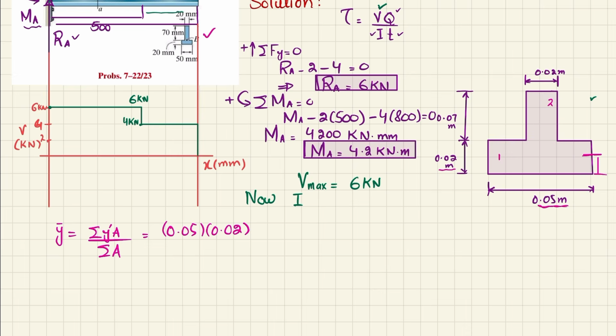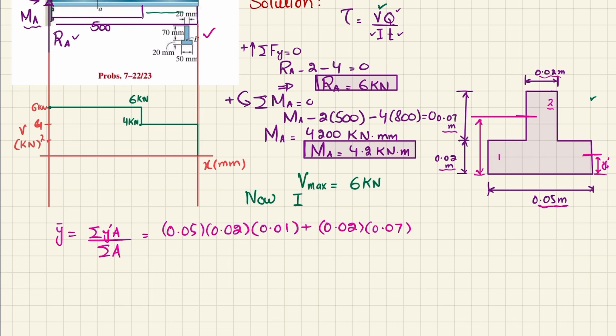So this is y1 dash, and this y1 dash is 0.02 divided by 2, which is equal to 0.01, plus now this second one, its area is 0.02 into 0.07. What will be its centroid from the base? This is equal to y2 dash.